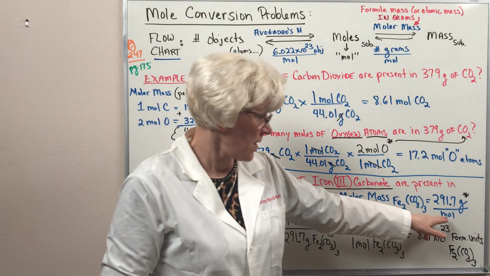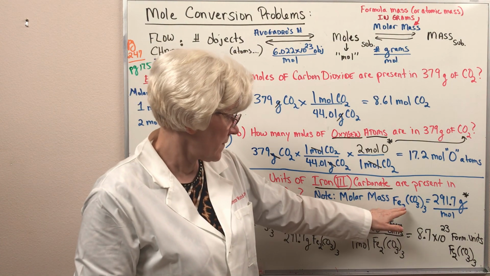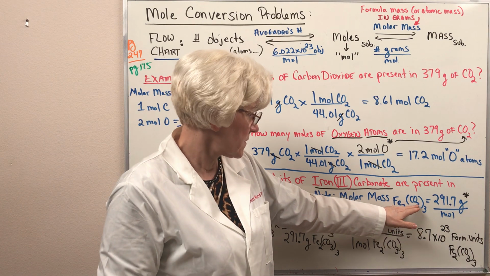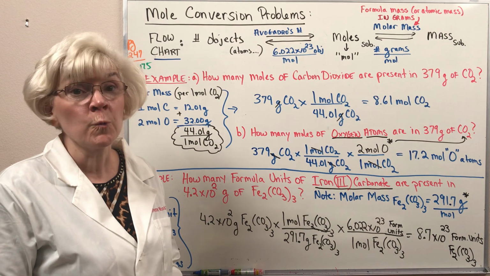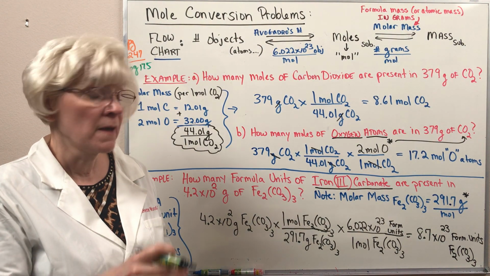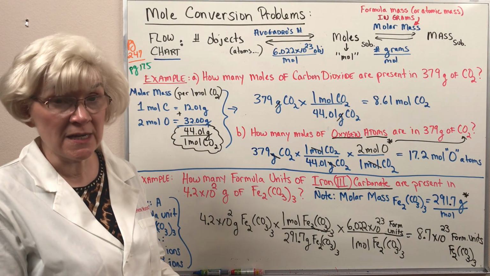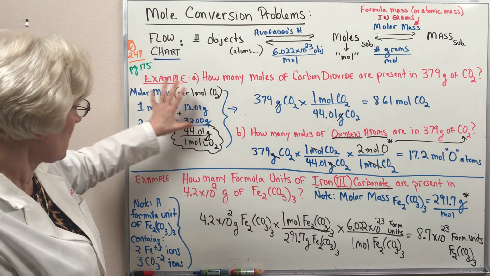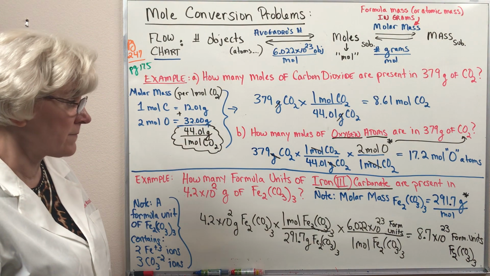And if you recall, the formula mass of iron 3 carbonate, adding up 2 iron ions, 3 carbon atoms, 9 oxygen atoms, that formula mass was 291.7 AMUs. Well, we know that molar masses are formula masses expressed in grams, which is exactly what we saw here. We did a formula mass calculation using grams instead of AMUs.